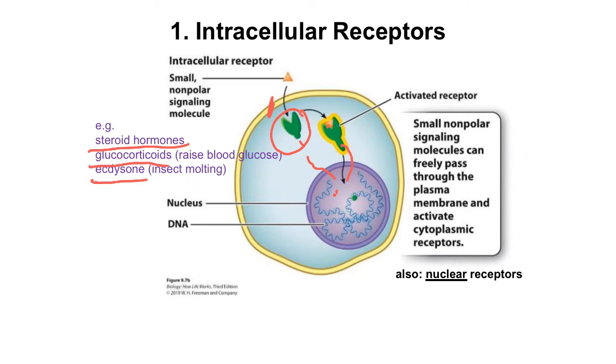So in particular examples that we know of, the active signaling molecule receptor complex, in this particular case, let's say it's a steroid, the steroid receptor complex often acts as a transcriptional regulator.